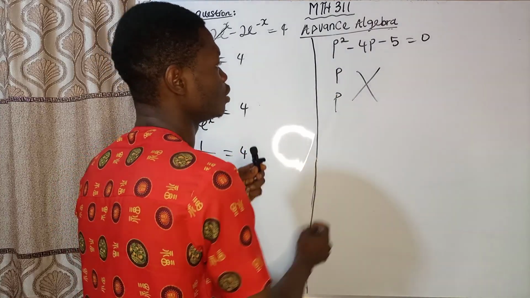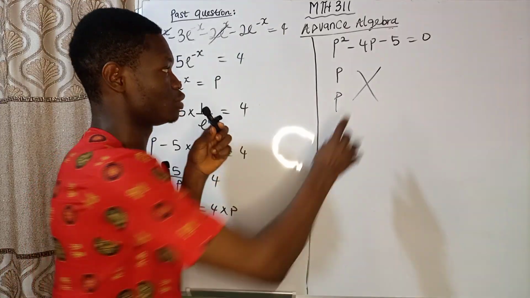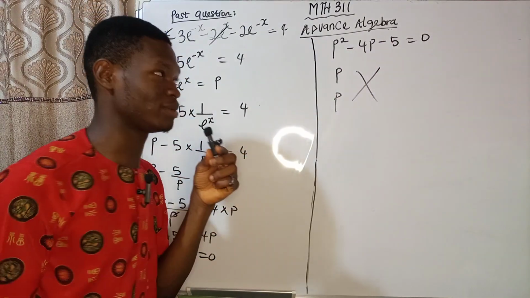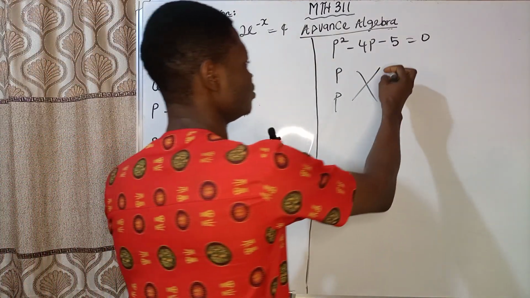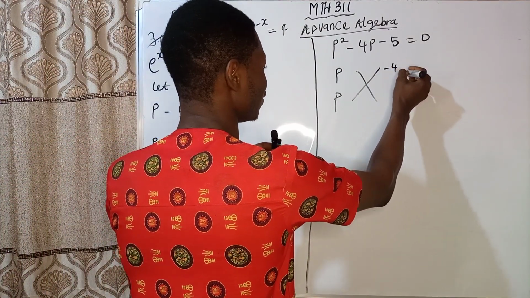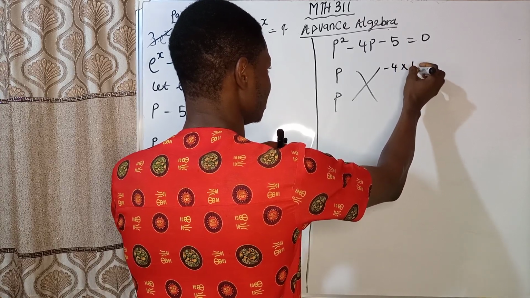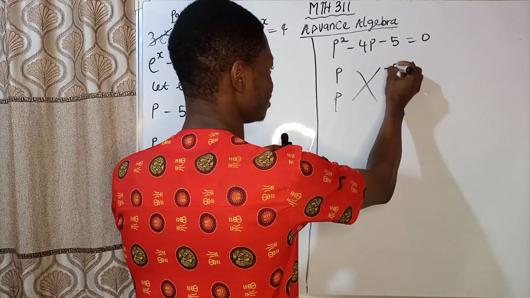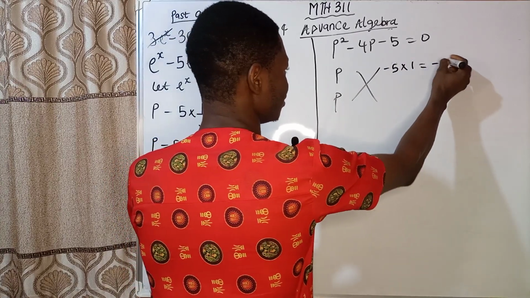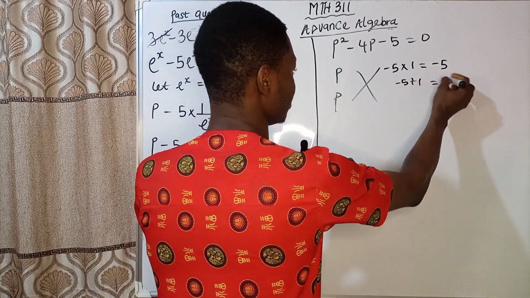What two numbers multiply to give us minus 5 and, when added, give us minus 4? Minus 5 times plus 1 is minus 5, then minus 5 plus 1 is minus 4.